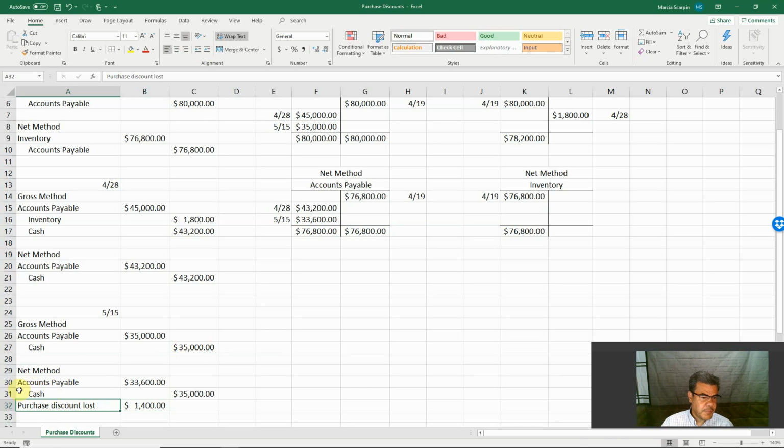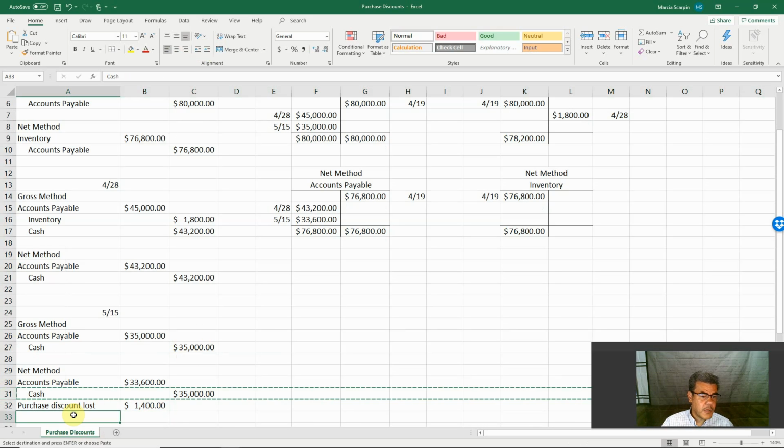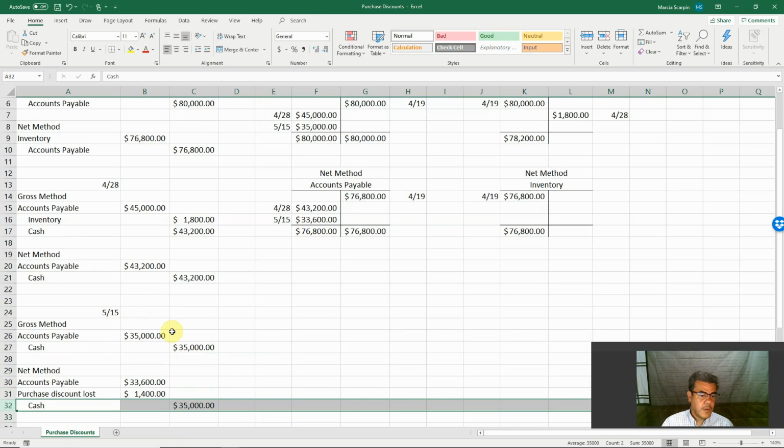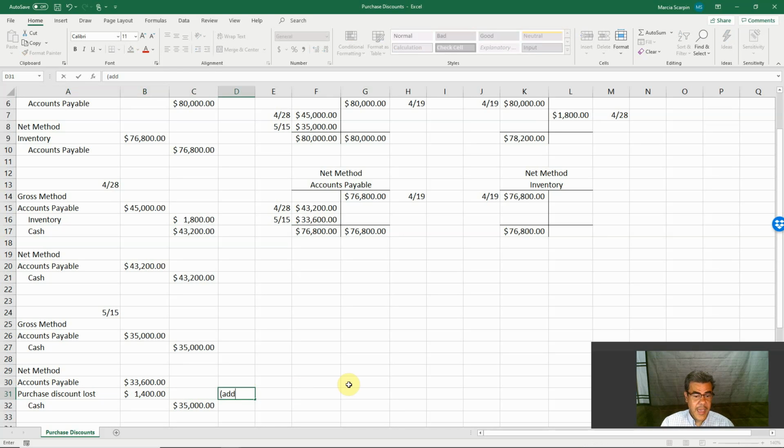So let's make it more beautiful, guys. Yes, now it is the same as your Excel file. And what is this purchase discount lost here? We add it to inventory later.